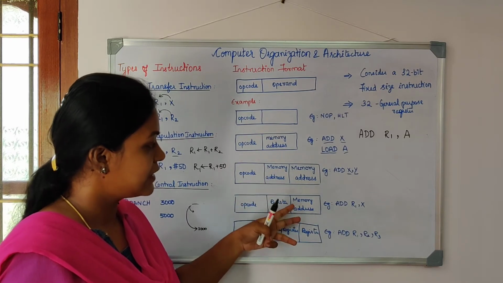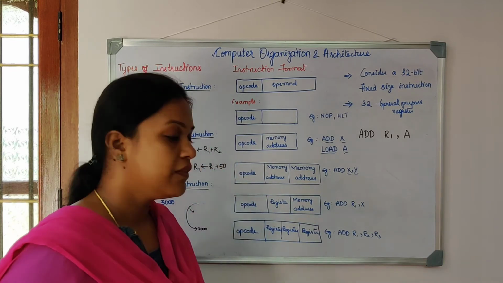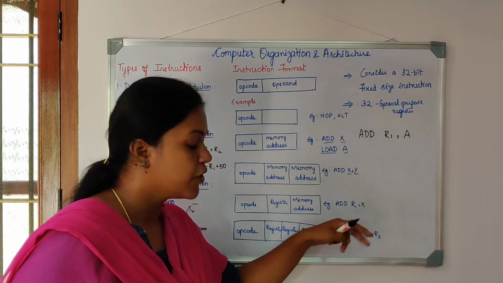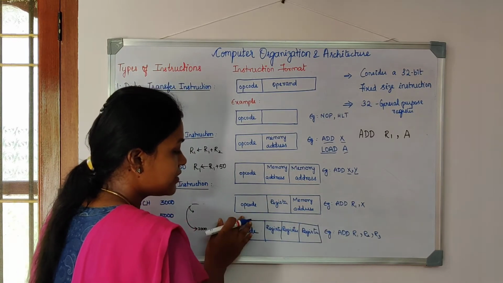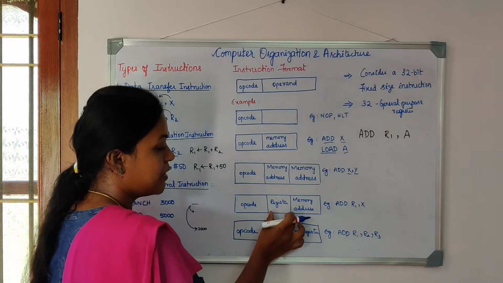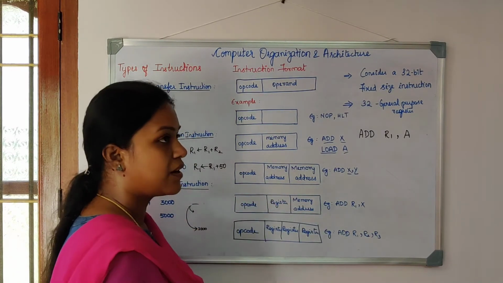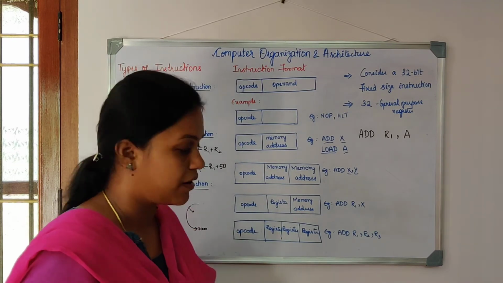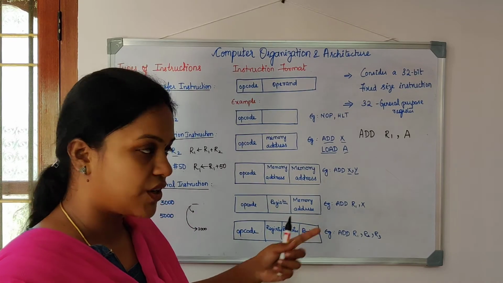There is a second case in the 2 address instruction, wherein one of your operands will be a register, and the other operand will be your memory location in memory. So in that case, this is how your instruction format will be. Your opcode, obviously, will be there. There will be a register, and the memory address, wherein you have to specify the memory address. So this is the second type of 2 address instruction format.